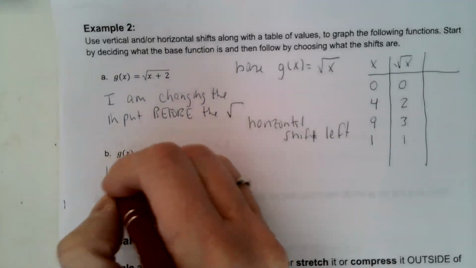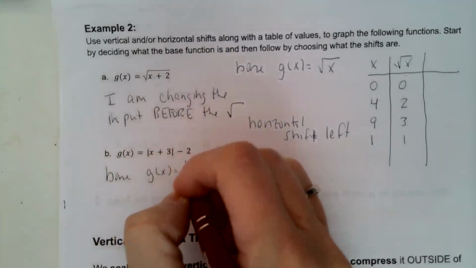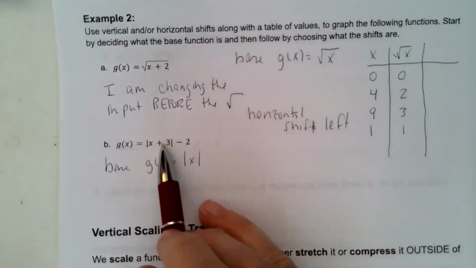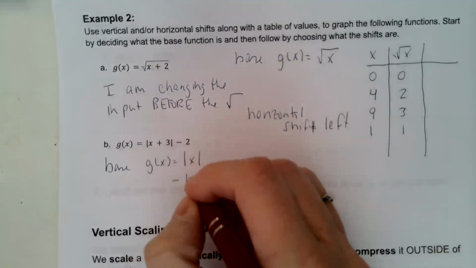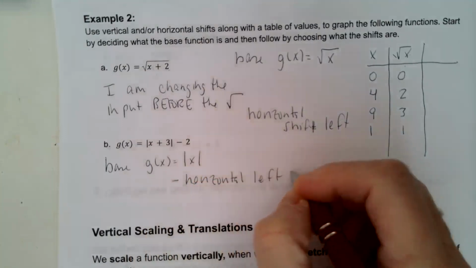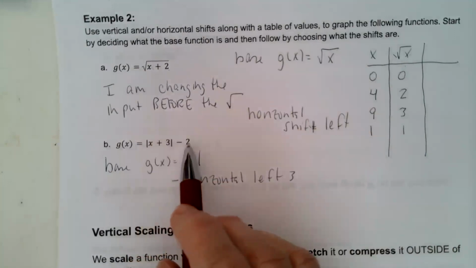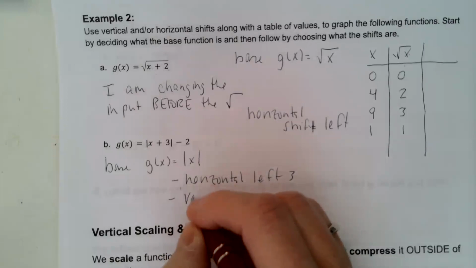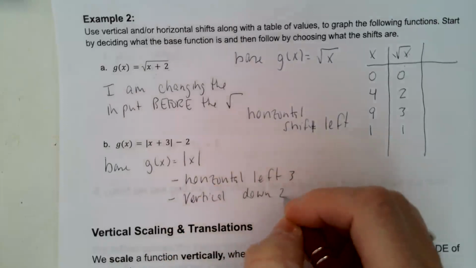Then we have the shift inside, which is going to be the horizontal shift to the left 3. And then after we take the absolute value, we're going to shift it by -2. So that means we're going to shift it down 2. So it's going to be a vertical shift down 2.